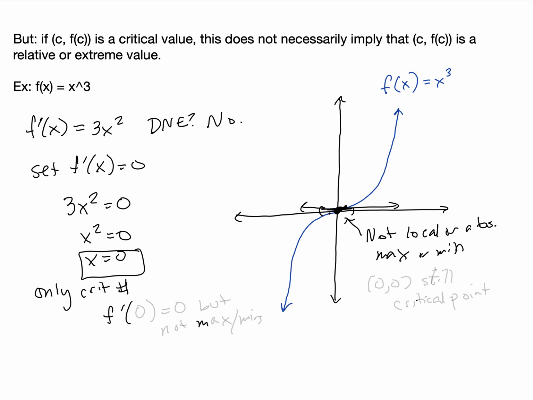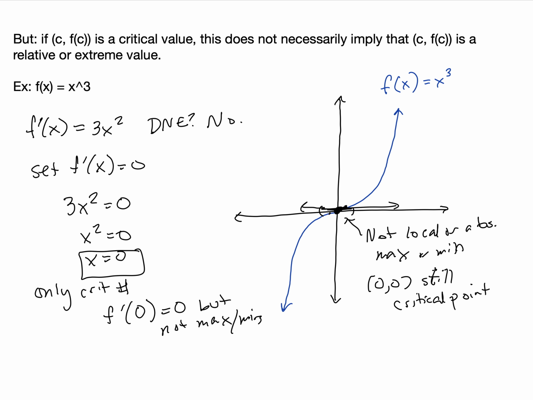So f prime of 0 equals 0, but it's not a max or min, local or relative. However, that still is a critical number. So 0, 0 is still a critical point, because the derivative is 0 in this case, or if the derivative did not exist, that would also be a critical point, regardless of whether it's actually an extreme value.